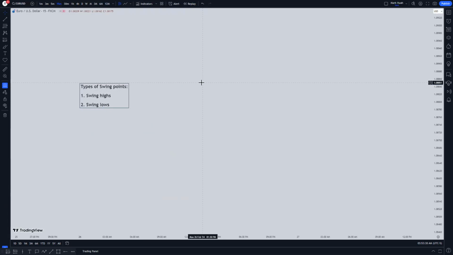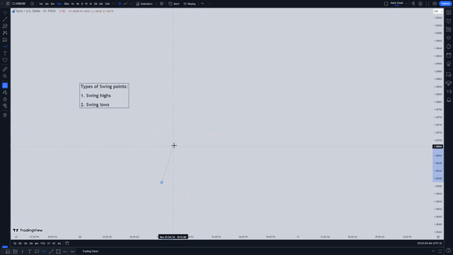Now, how do I identify the swing high? Once price is pushing up, for example, let's say we have a series of green candles moving to the upside, because on my chart my bullish candles are the green ones.